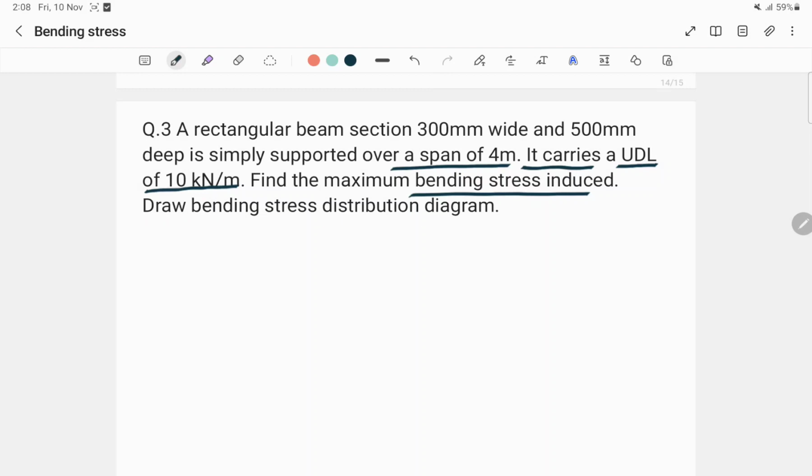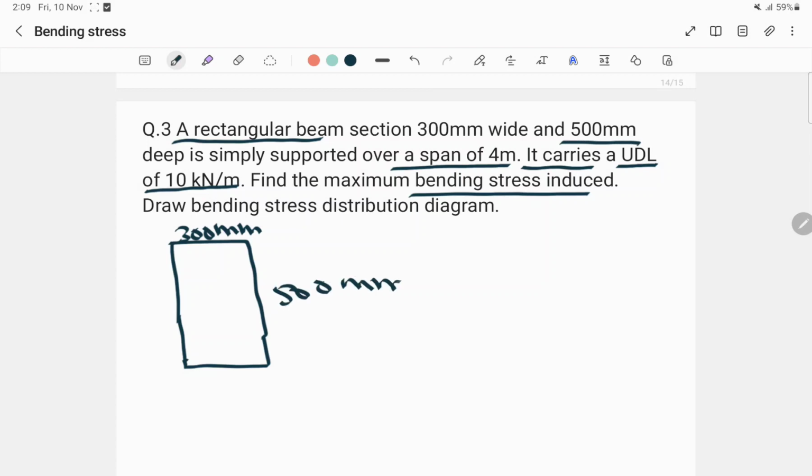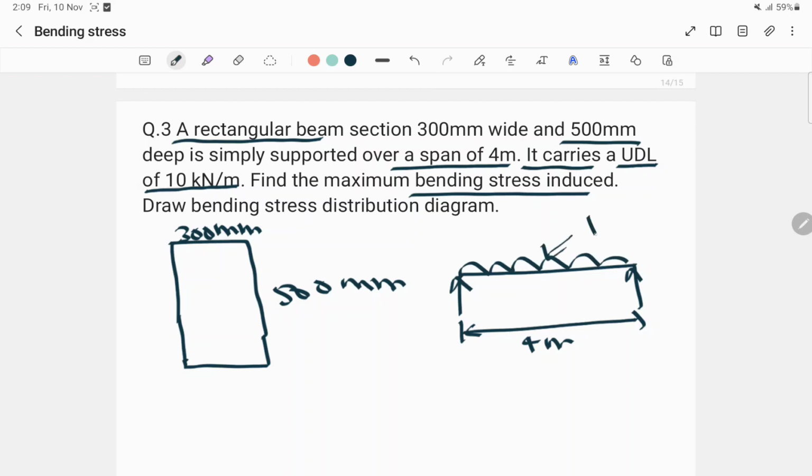So here in the question it says that it's a rectangular beam of 300 mm width and 500 mm deep, and it is a simply supported beam. The span is 4 meter and it carries a UDL of 10 kilonewton per meter.